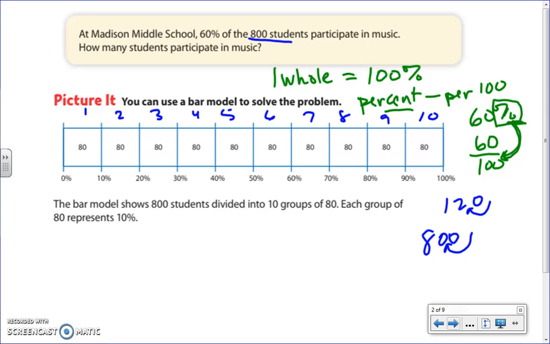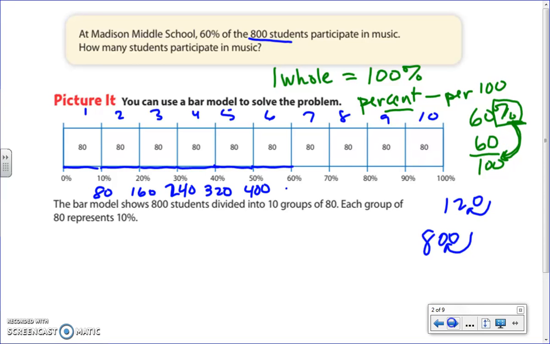20% would be 80 plus 80. So 10% would be 80, 20% would be 160, 30% would be 240, 40%, 320, and I hope you're seeing a little pattern here. 400 is 50%.